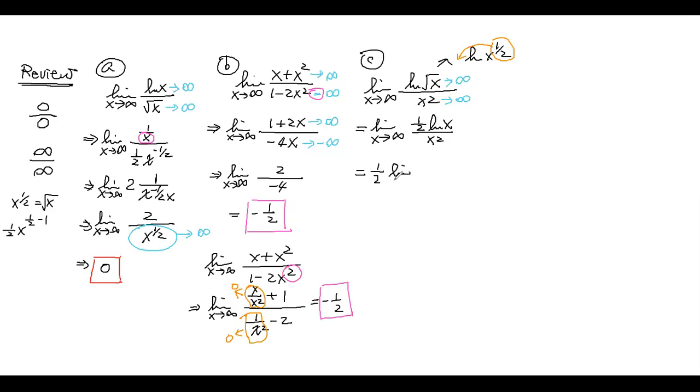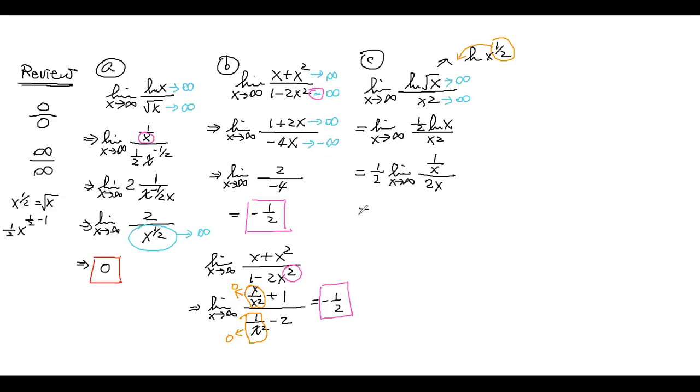Then let's take a look at L'Hopital's rule. What do we do? The derivative of the natural log is 1 over x, correct? So what is the bottom? This is 2x here, right? Okay, so now we can combine a little bit.